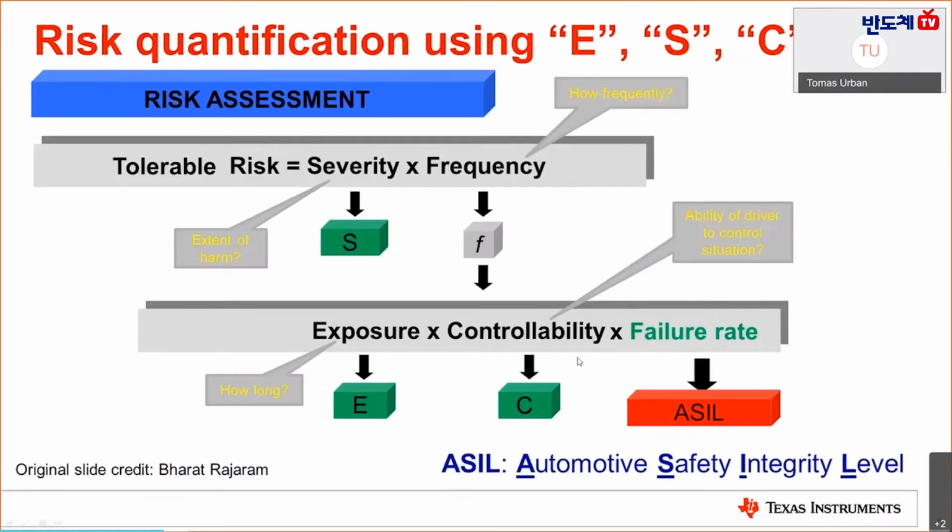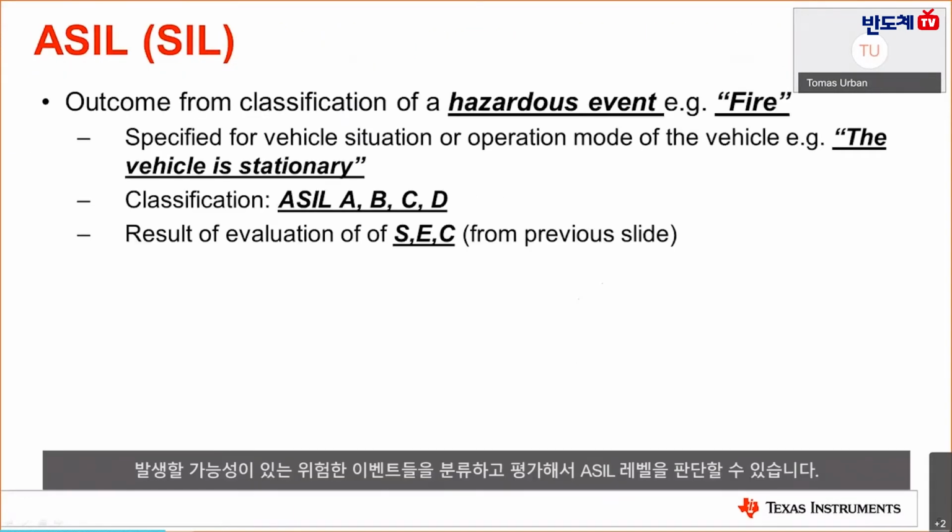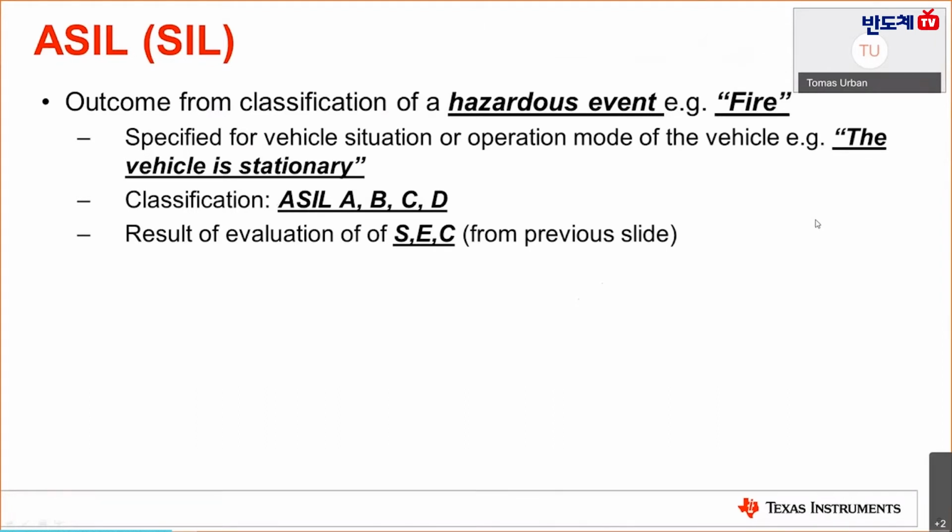Well, ASIL, you probably heard of that acronym, but this is how we get to this category. This is an outcome of the classification of the hazardous event that may potentially happen.